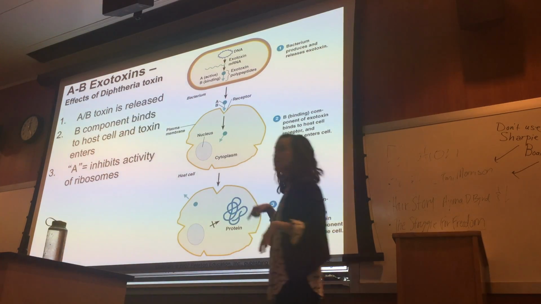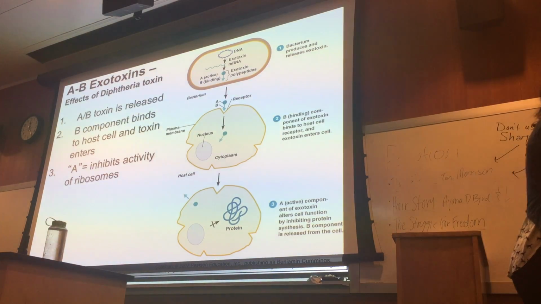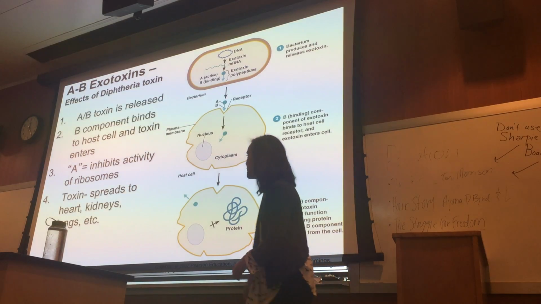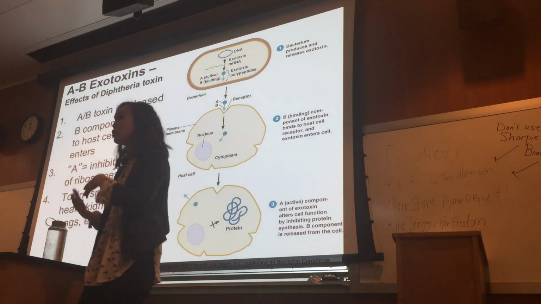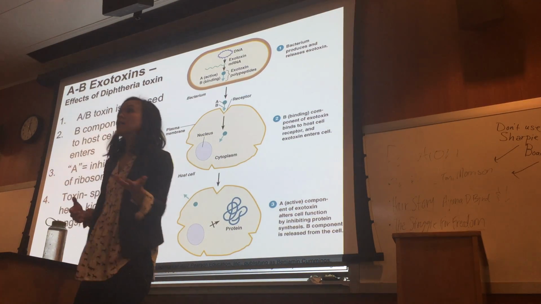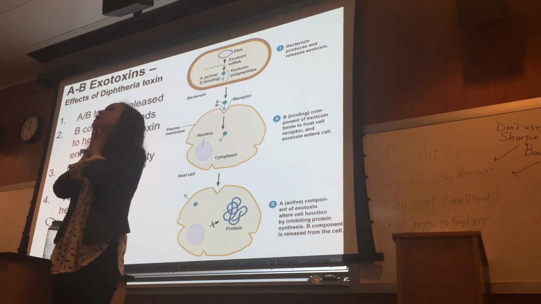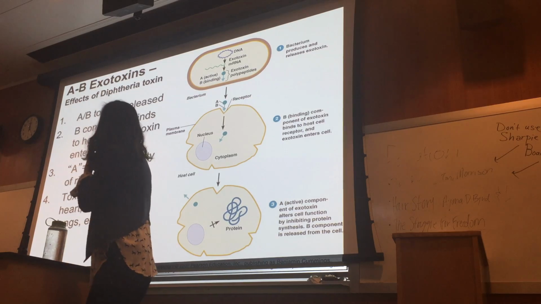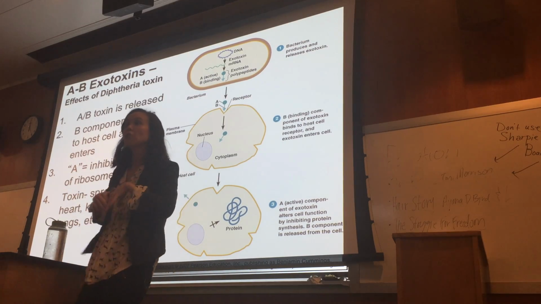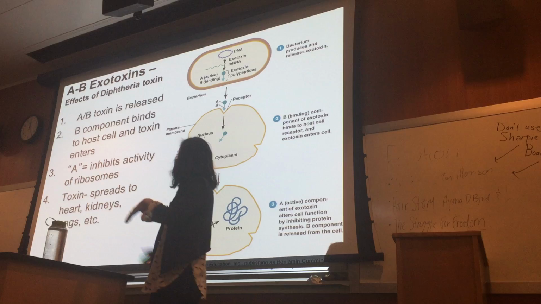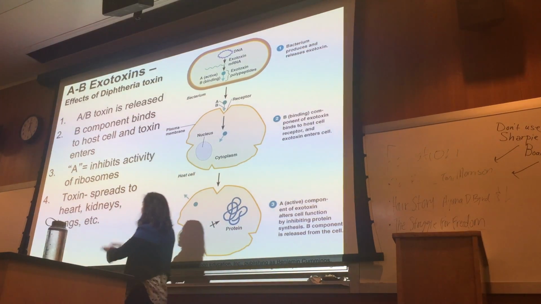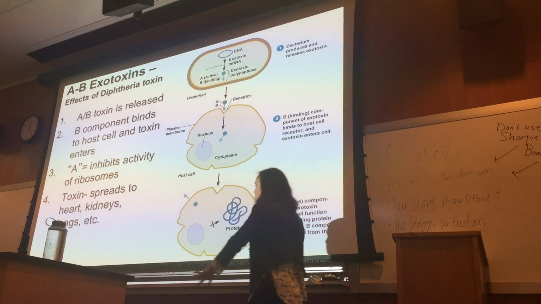So those cells start dying, and then what's really bad is if your infection progresses, if it continues on and you don't get any treatment, that toxin, not only is it being made in your pharynx, in the back of your throat, it can actually start to spread. So the toxin can get in your bloodstream, spread to other areas.